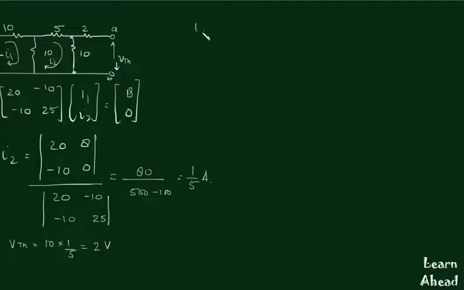And ideally, internal impedance of a voltage source is 0.